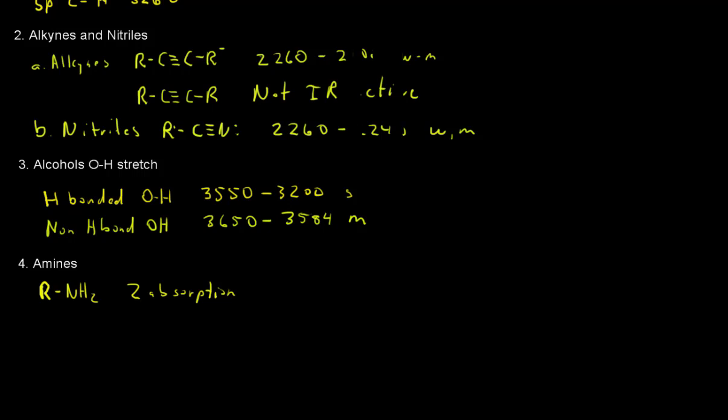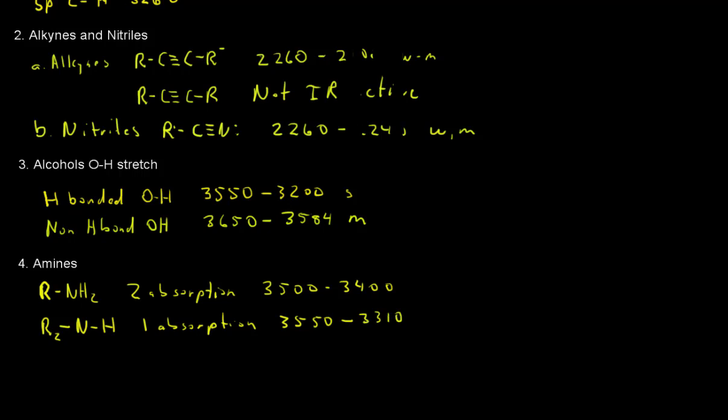Those are in the range of about 3500 to about 3400. With secondary amines, there's only one absorption because there's only one nitrogen-hydrogen bond. And that's generally in about the same region, about 3550 to about 3310.